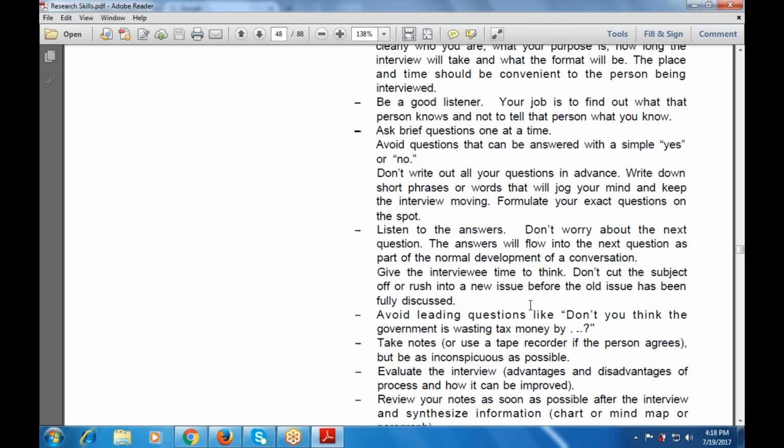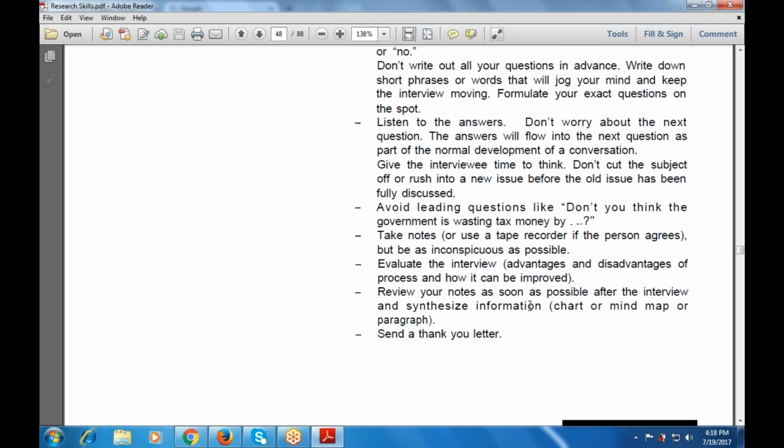Then review your notes as soon as possible. When you make notes for each and everything, review the notes. Yes, this is after the interview. Evaluation is done, the interview has gone, but now it's your time to move on. So review your notes as soon as possible after the interview, because when it takes 1 day or even 3 to 4 hours, everything vanishes from our mind because we are human beings.